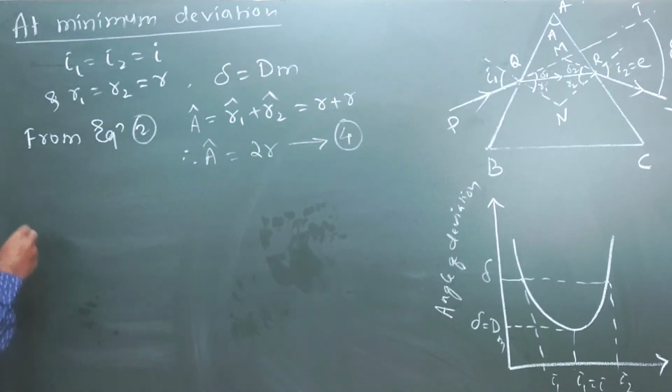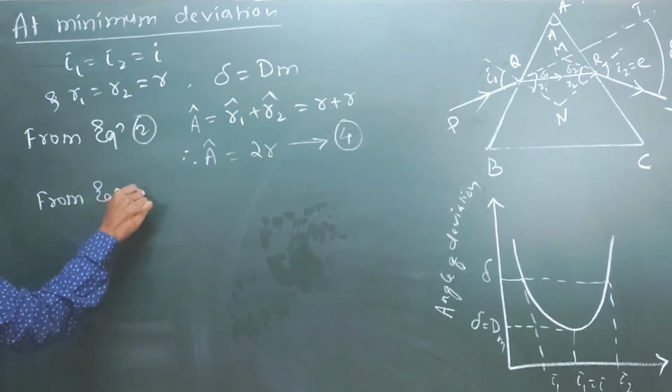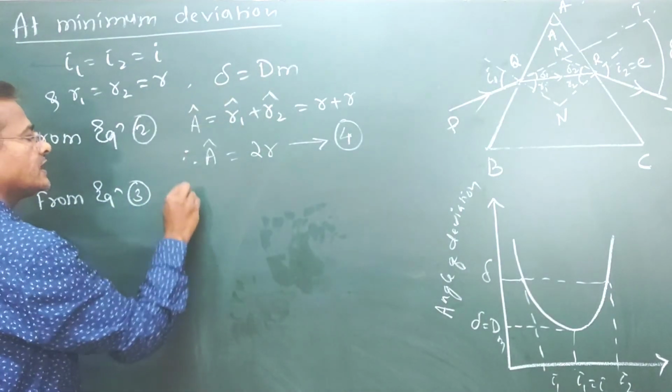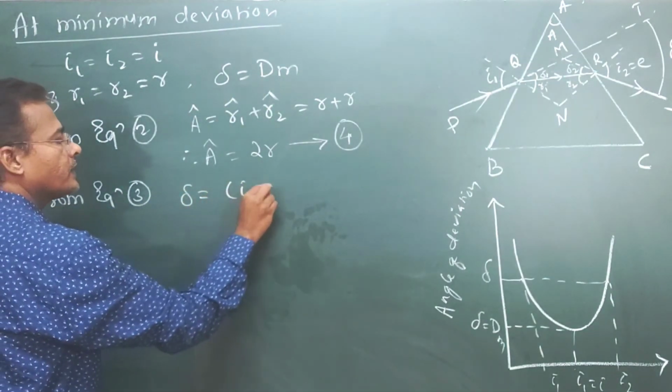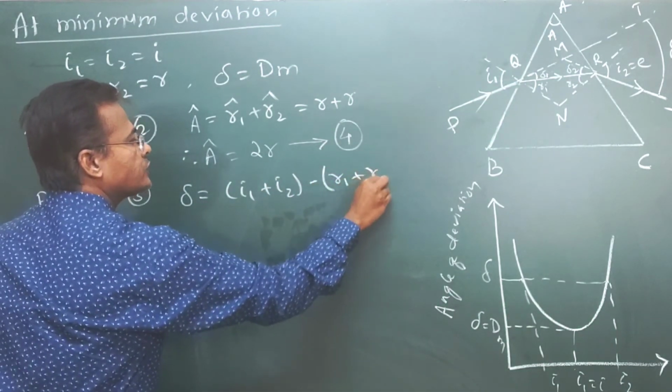Next, from equation 3, delta equals I1 plus I2 minus R1 plus R2.